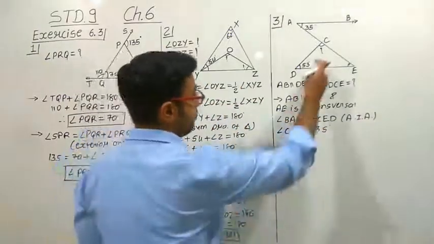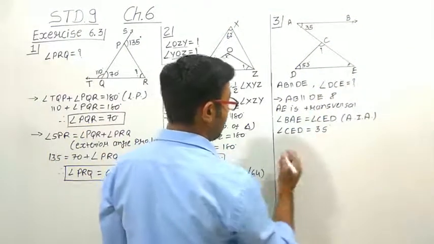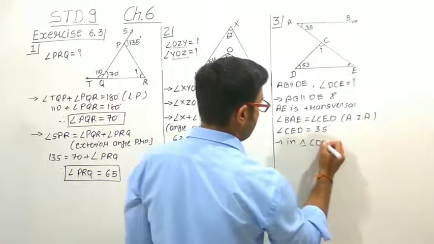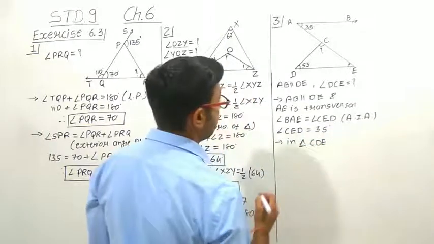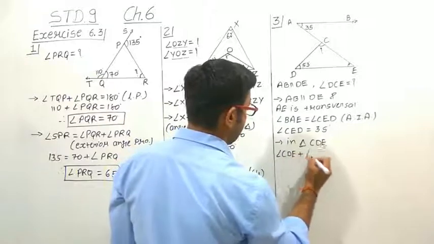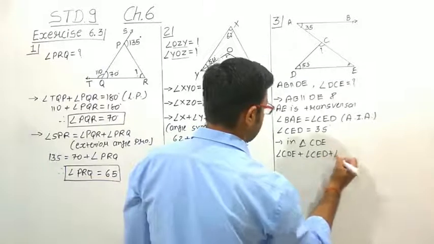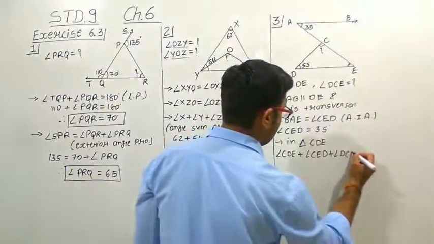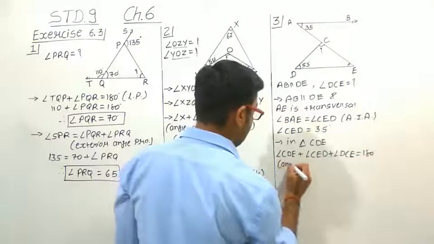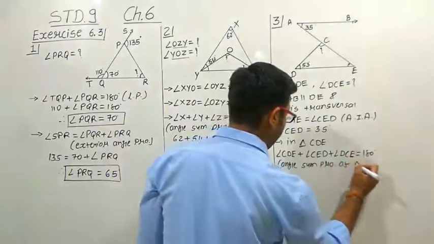Right? Now we have two angles, CDE that is 53 and CED that is 35 degrees. So in triangle CDE, if we apply the angle sum property, angle CDE plus angle CED plus angle DCE total is equal to 180 degrees.